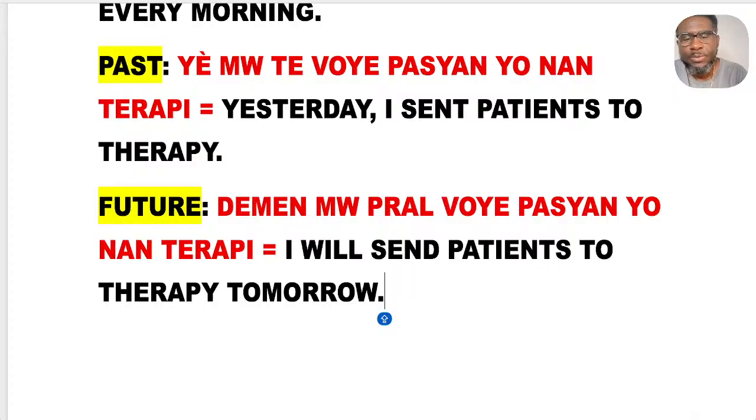Okay? So when I say I will send patients to therapy tomorrow, it could be any group of patients. So I'm not specifying who. Mais si je mets l'article, I will send the patient to therapy tomorrow, then là vous savez de quels patients j'ai parlé, ok? So, il faut toujours se souvenir de ça, d'accord? Quand on utilise les articles, même si c'est un petit mot, ça fait une grosse différence dans ce que vous voulez dire.